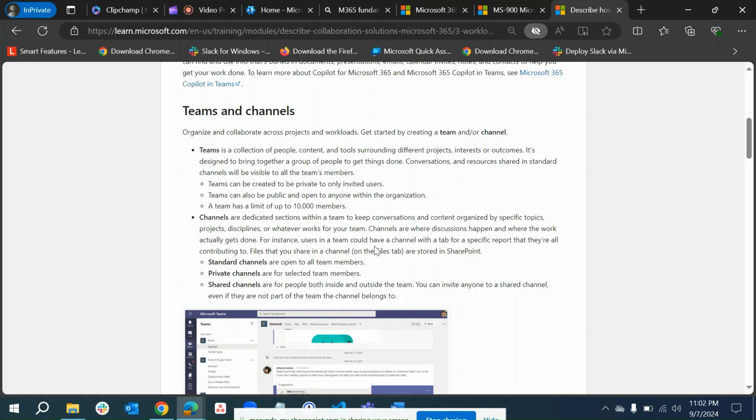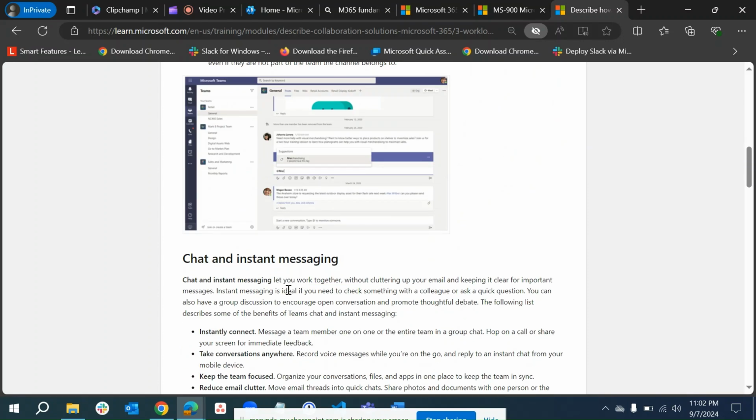So people would be having those conversations on private channels, and then there are shared channels, which are for within the company or outside the company as well. Shared is like two people communicating on a shared channel, and both are from different companies or different organizations, right? So a shared channel is a really great way to communicate, chat, share everything and work together.